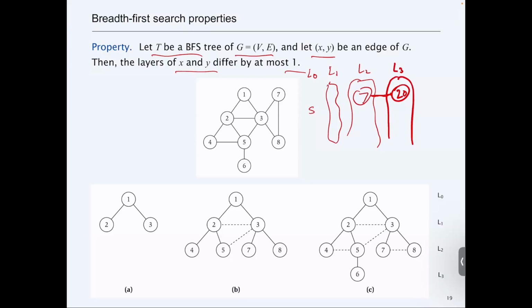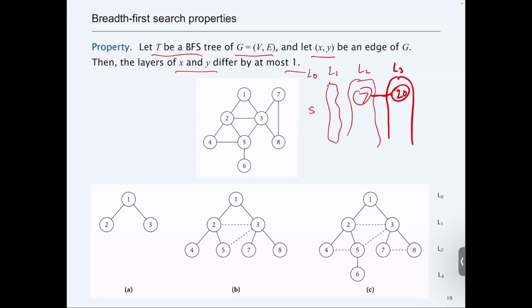So if you had an endpoint in layer 2 and the other endpoint was in, let's say, layer 10, well, that means there's an edge that's directly connecting them. But the node that's in layer 10 would actually have been reached much earlier. It would have been reached in, at most, L3. And maybe we had already reached it before. Maybe the 20 is in L1, or maybe it's in L2. But it's definitely not going to be any more than L3.